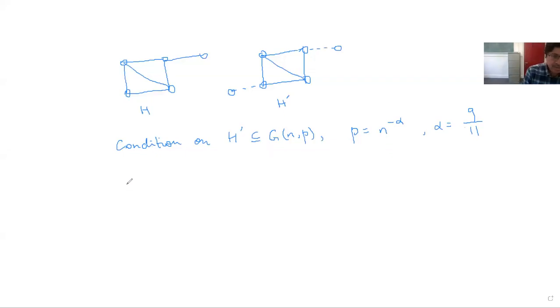So conditional on this event, the expected number of copies of H in G(n,p), given that H prime is contained within this, is at least as big as 2 times (n-4) times p, which is approximately 2np.